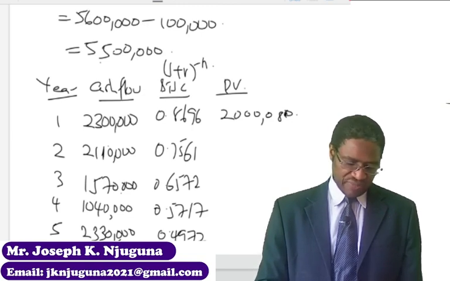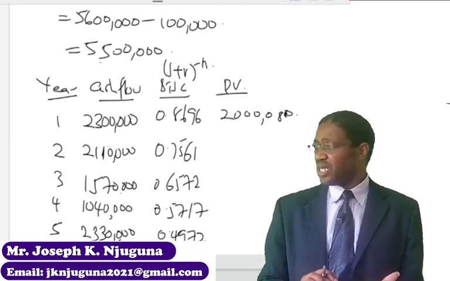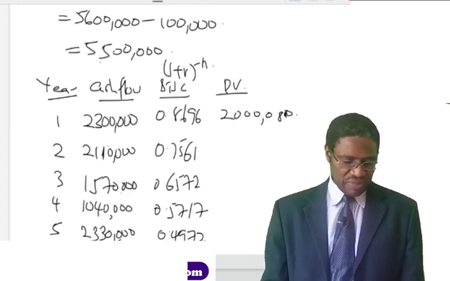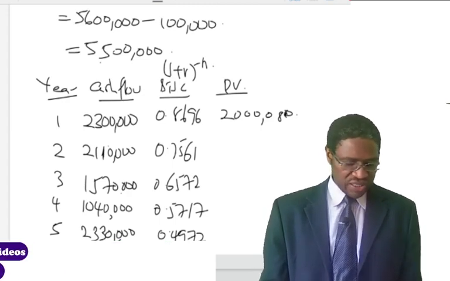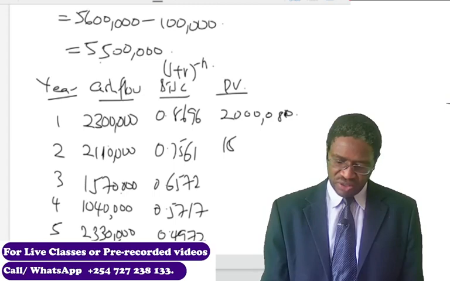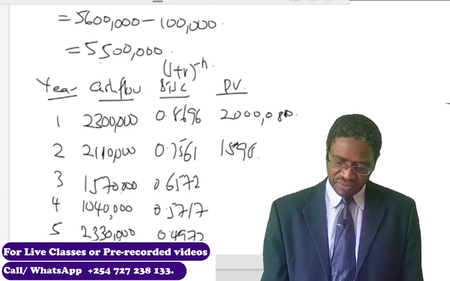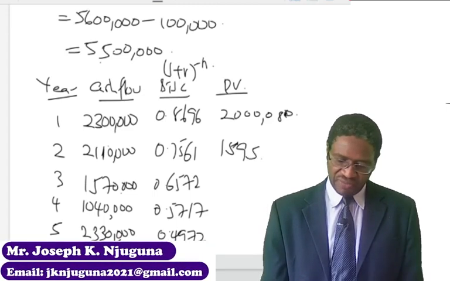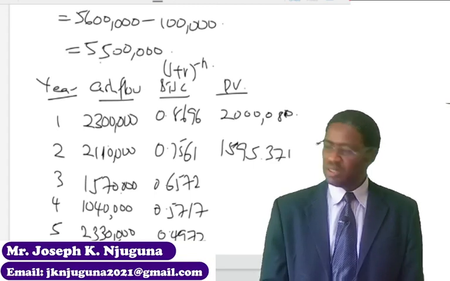Multiply that by 0.7561. I am getting an amount of 1,595,371.